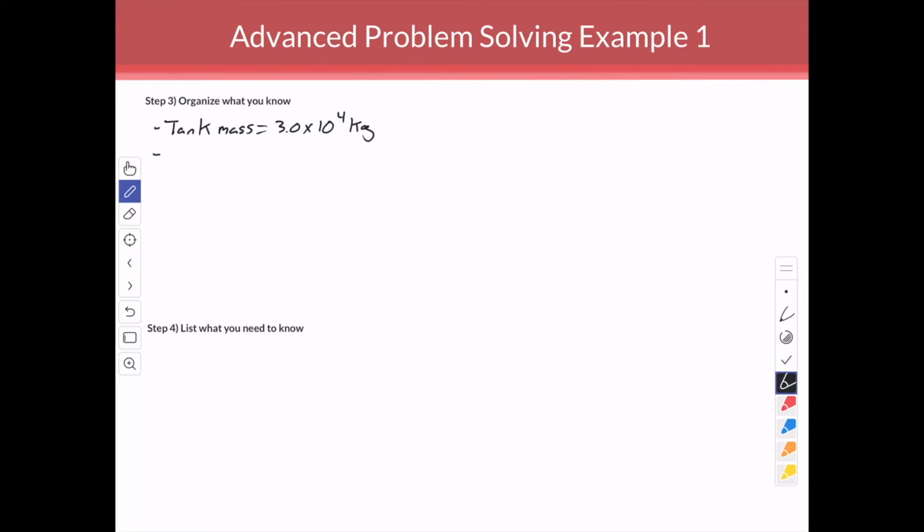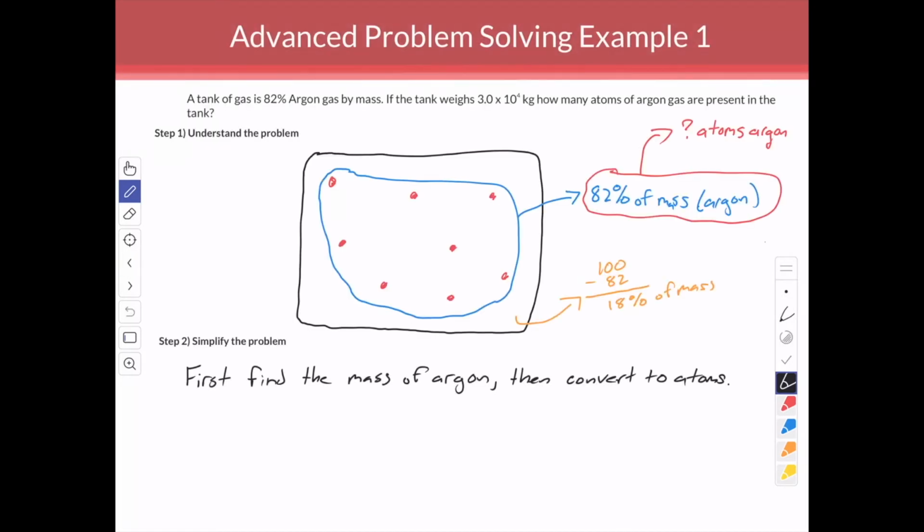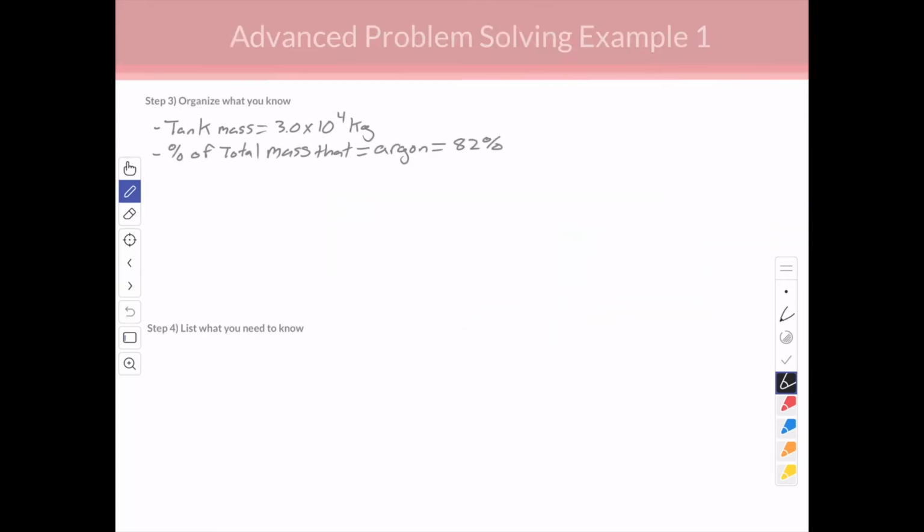I know the percentage of the mass that is argon, which equals 82%, right? And that's really basically what I know from the problem, right? So that step is pretty simple, okay?